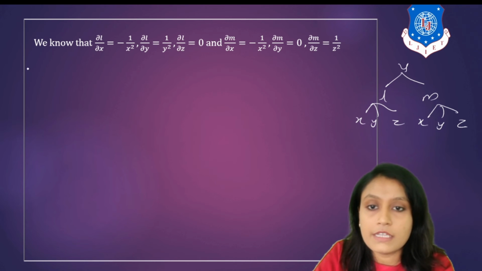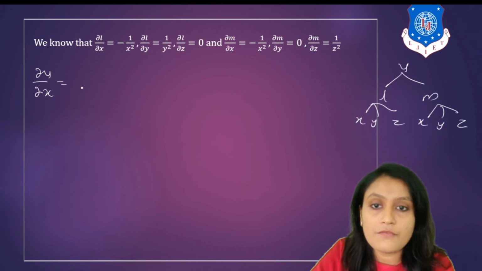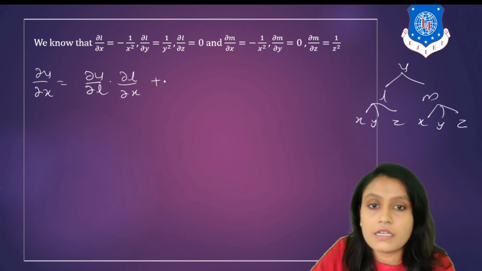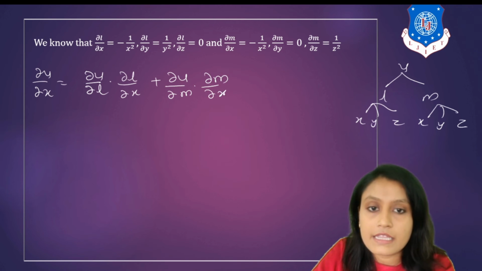Okay, so firstly we have to find del u by del x. What is the formula? Chain rule, that is del u by del L from u to L and L to x. So del u by del L into del L by del x plus next del u by del M into del M by del x.